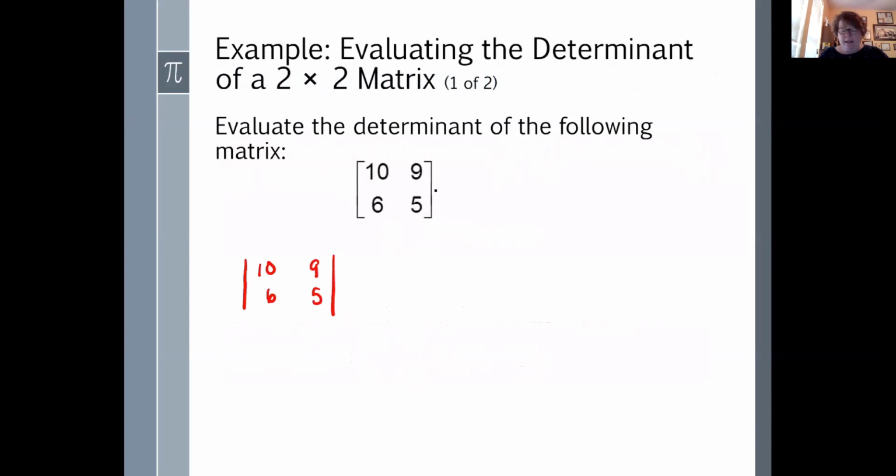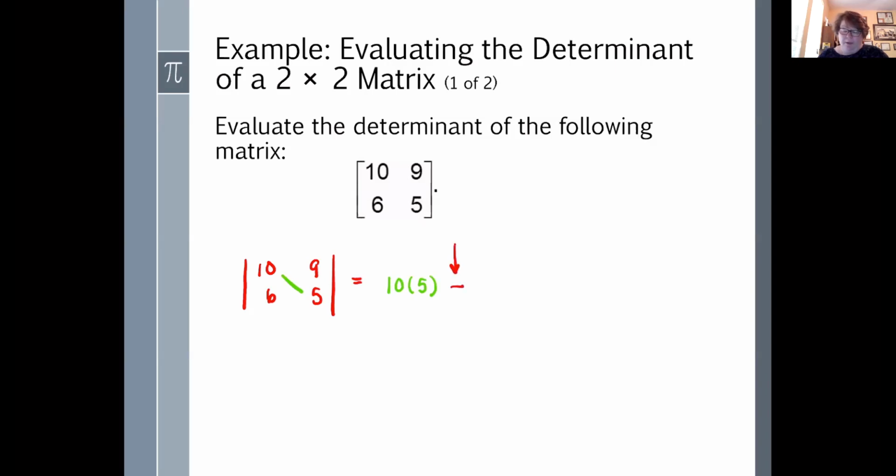To find that determinant, we're going to first multiply together the main diagonal. So we're going to multiply 10 times 5. And we're going to subtract from that the product of the other diagonal.